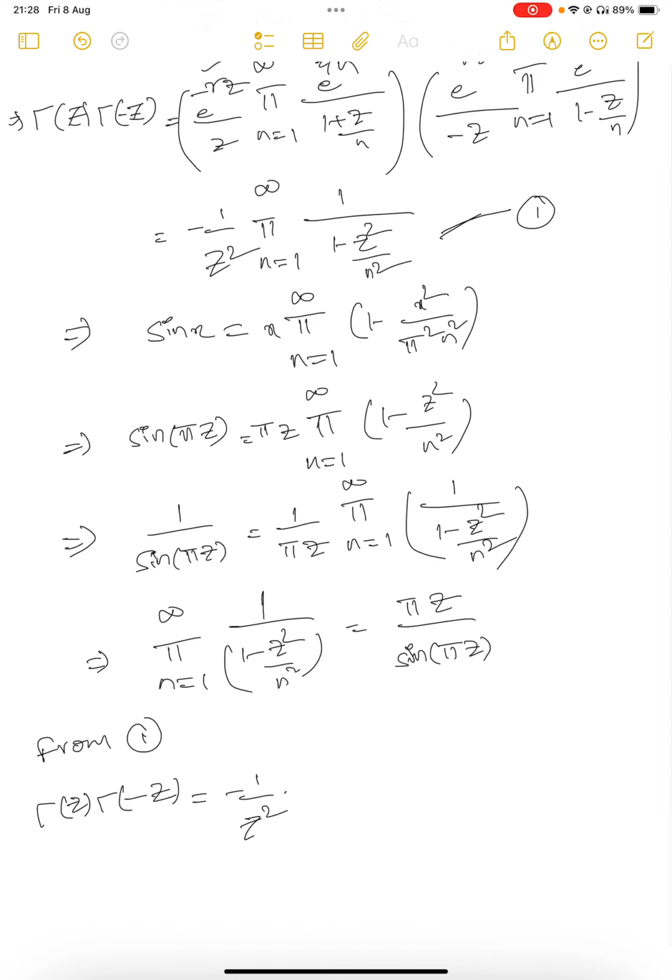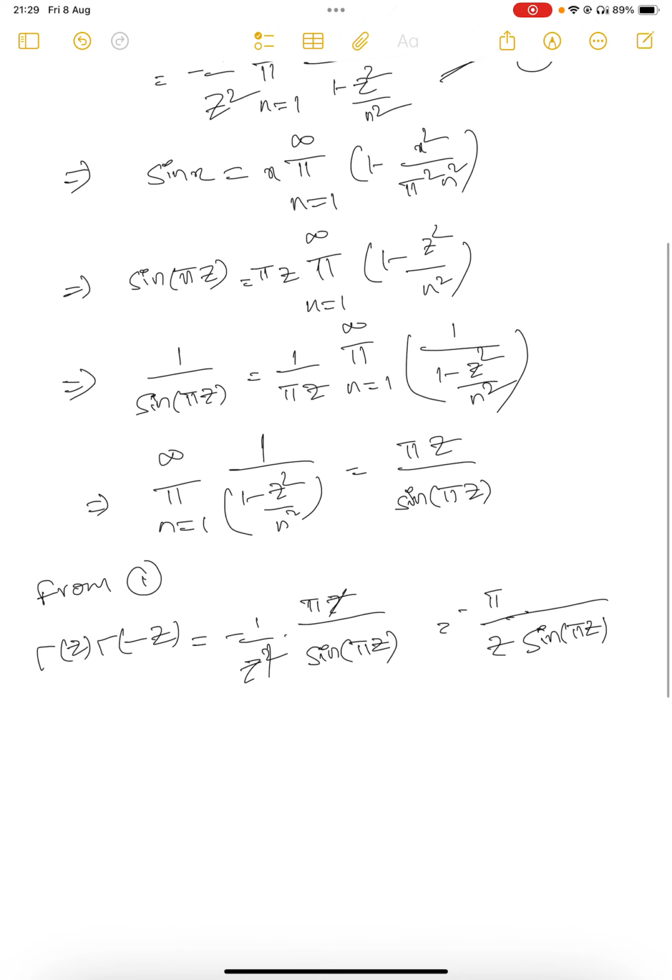The product result is pi z by sine of pi z. This z will go off, then it will be minus pi by z sine of pi z.